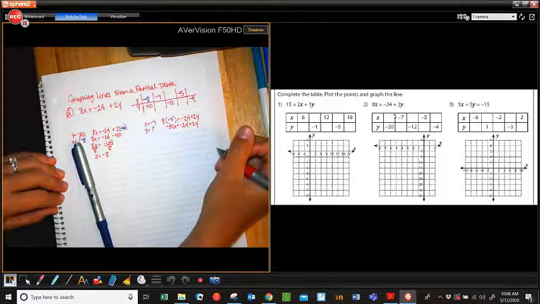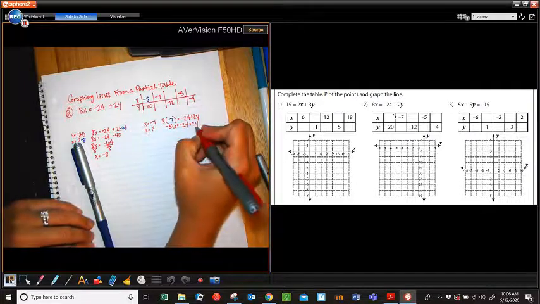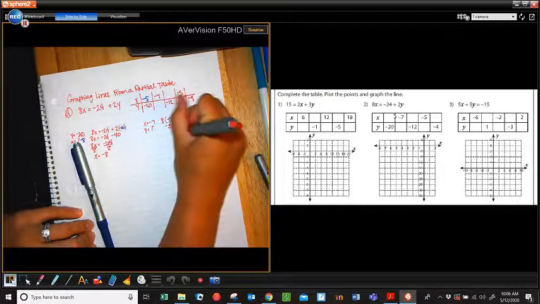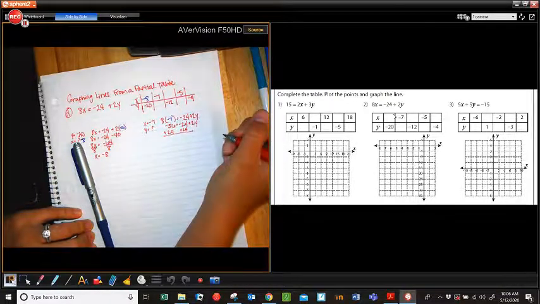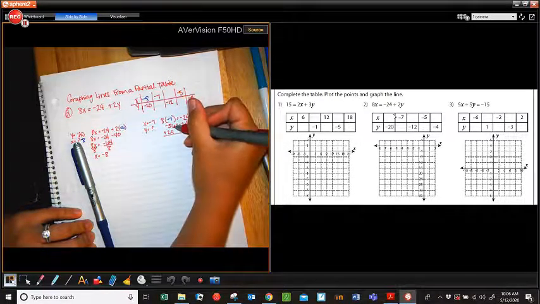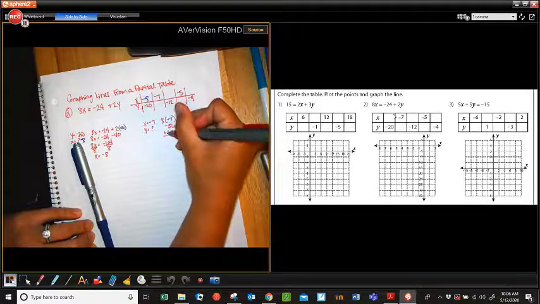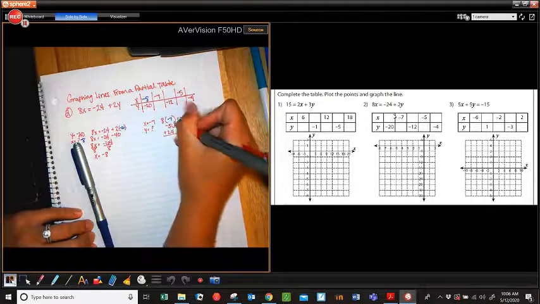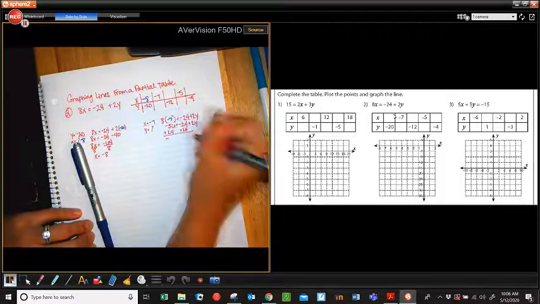There's nothing more we can simplify, so we can start solving. And to get 2y by itself, I'm going to add 24 to both sides. And when I add 24 to both sides, negative 56 plus 24, they are opposite signs, subtract the number, keep the sign of the larger. Our larger number is 56, so I know it's going to be negative.